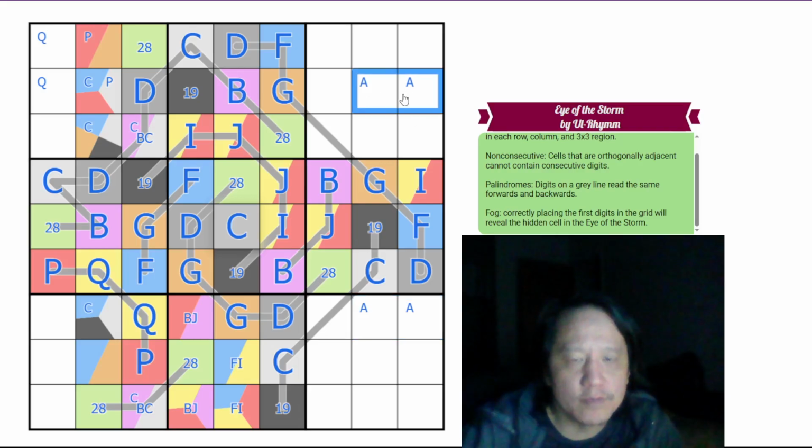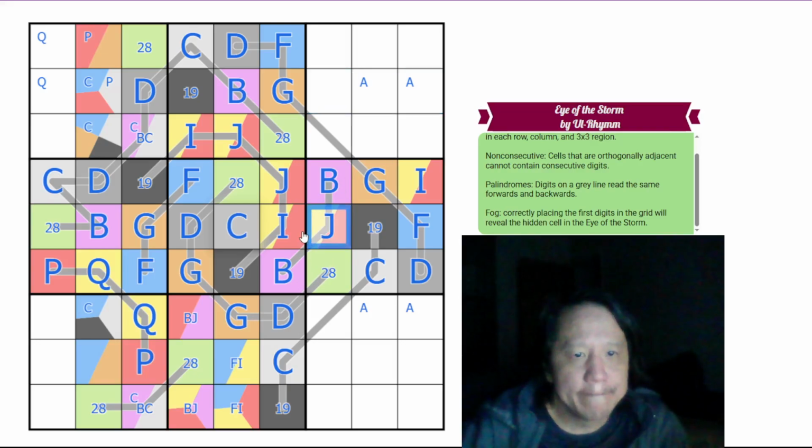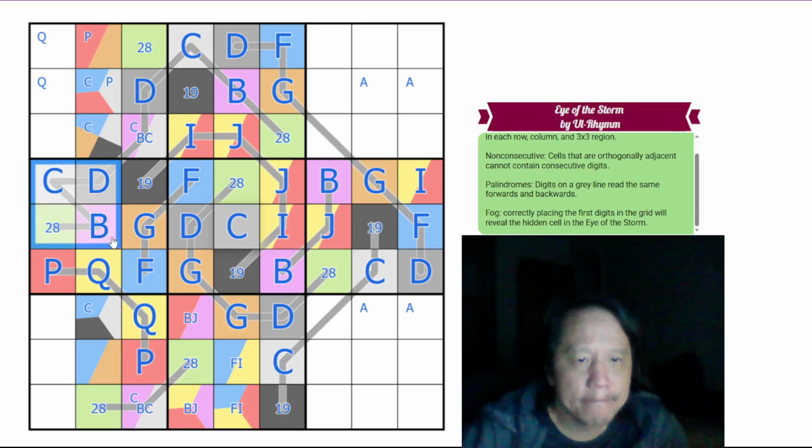Well, dark can't be even in that row. What else are we next to? So dark is one of these two.